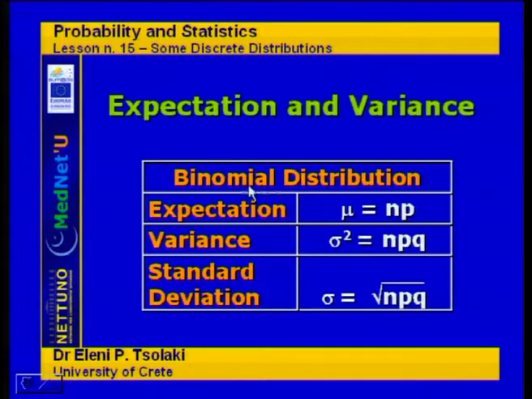So the expectation of the binomial distribution is given by n times p, and the variance is n times p times q. As we know now, the standard deviation is the square root of the variance and is given here.